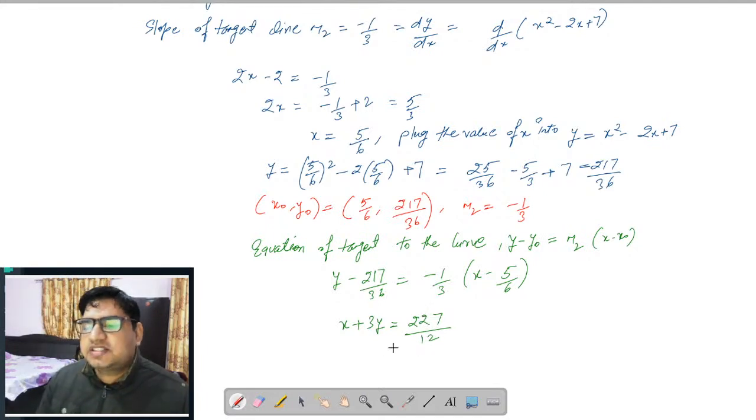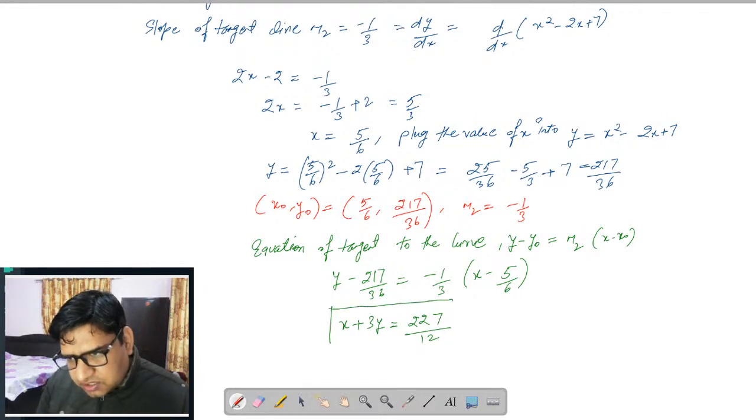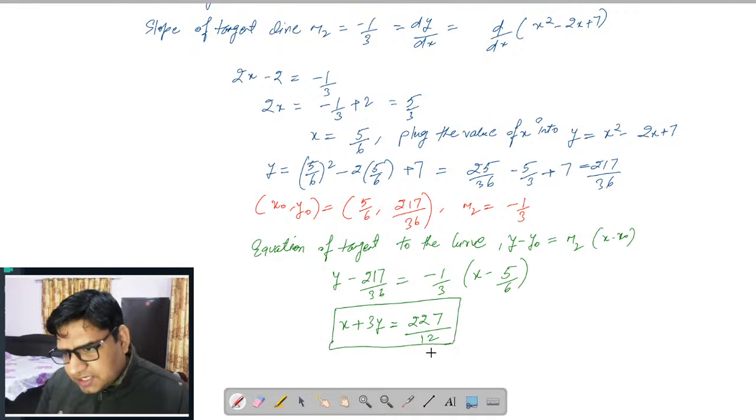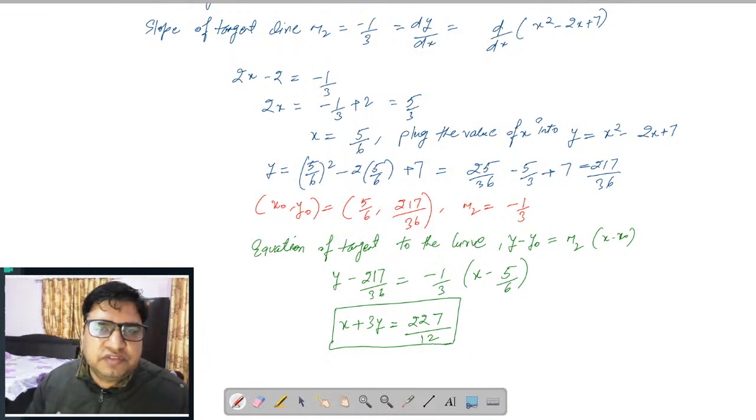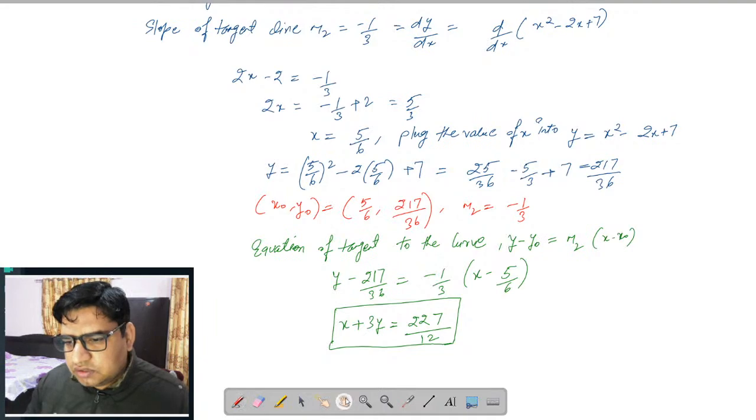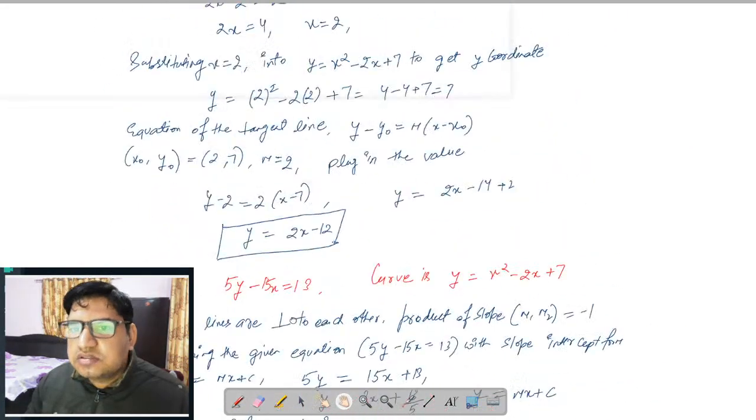Okay, and this is the required equation of the tangent to the given curve, where the line perpendicular to the tangent line is given to us and we were supposed to find the equation of the tangent to the curve. So we have found it out.